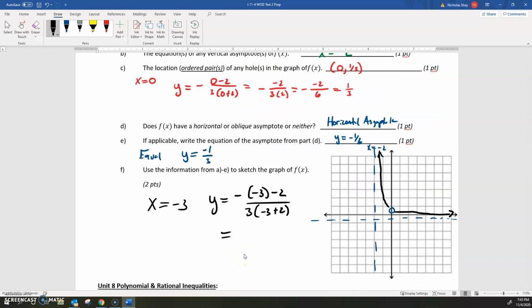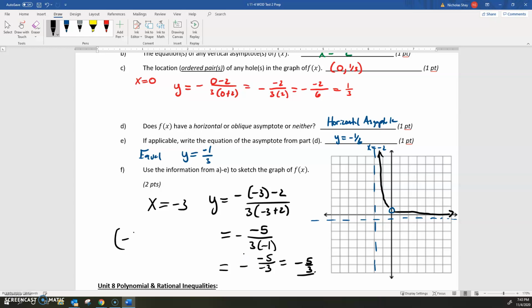We'll leave this negative out front for now. -3 minus 2 is -5. And 3 times (-3 plus 2) is 3 times -1, which is -3. So we have -5 over -3. A lot of negatives to deal with. In the fraction, the negatives are going to cancel, and we're going to get 5/3 as our y value.